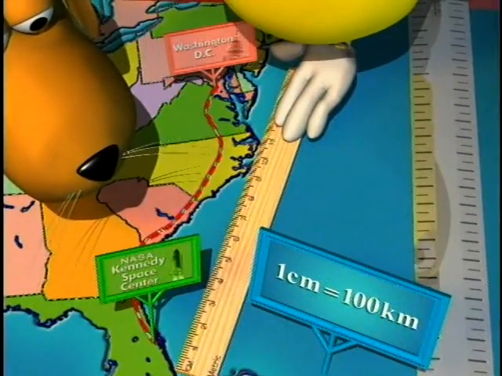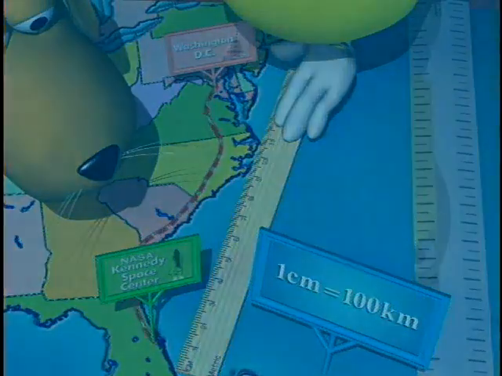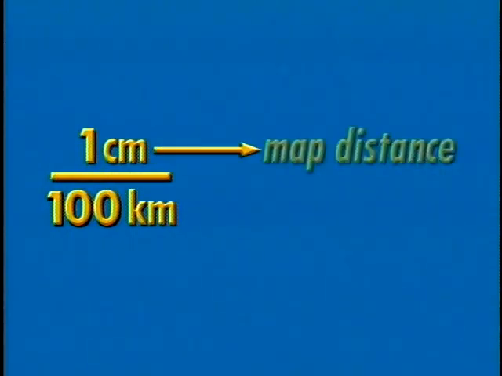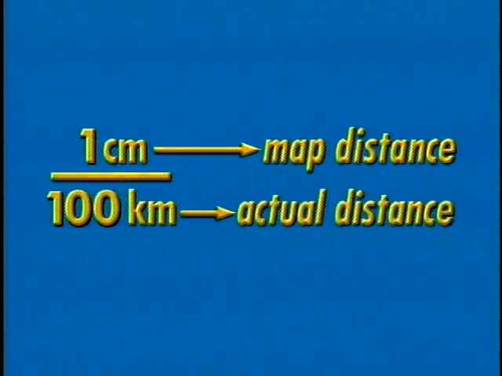using the given scale? The scale can be written as the fraction 1 centimeter over 100 kilometers. The first number, 1 centimeter, represents the map distance, and the second number, 100 kilometers, represents the actual distance.